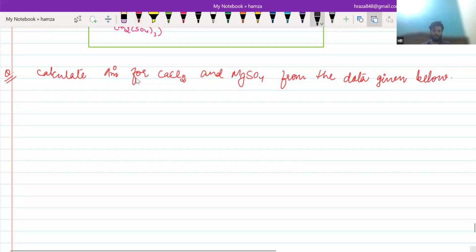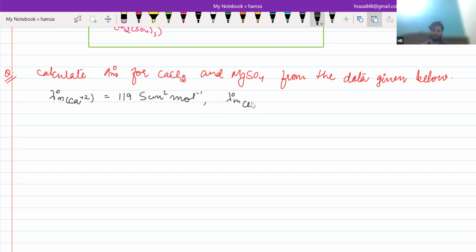What is the data? You can see lambda naught m for Ca plus 2 is given as 119 Siemens centimeter square per mole. Lambda naught m for Cl minus is given as, wait a minute, 76.3 Siemens centimeter square per mole.